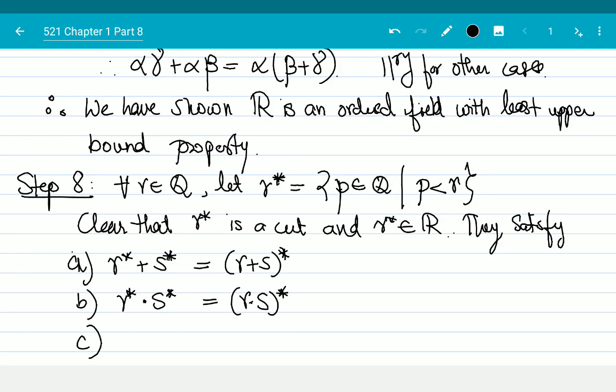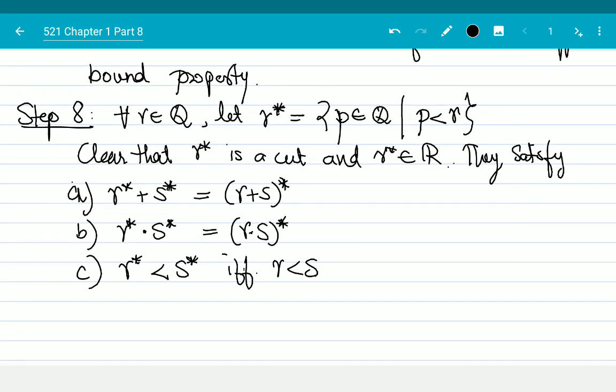And C, r star is smaller than s star if and only if r is smaller than s. All these proofs are extremely easy because they just follow exactly from the definitions of a cut. So we are not going to exactly show these.